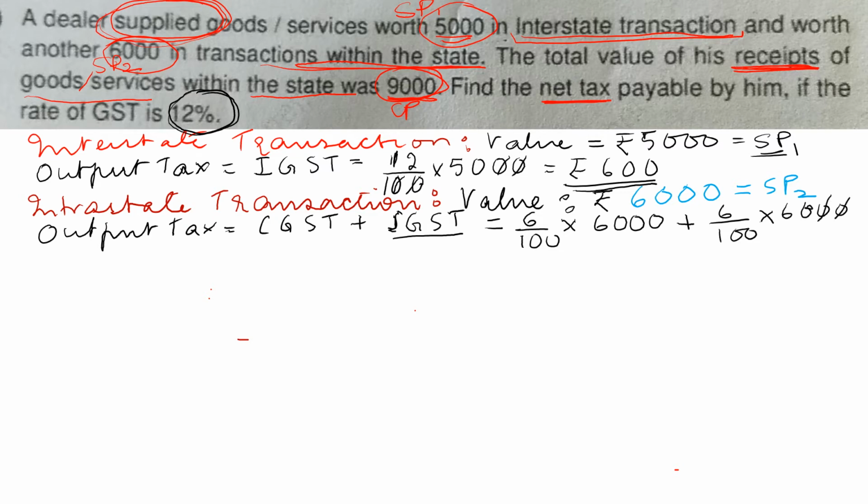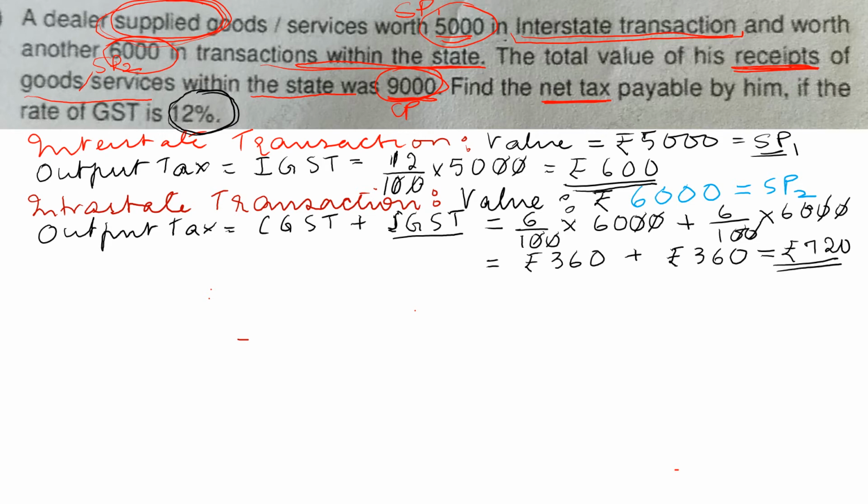Let's cancel the zeros and you will get CGST rupees 360 plus SGST also rupees 360, 6 into 60, and the total output tax for the intrastate will be 360 plus 360, rupees 720.